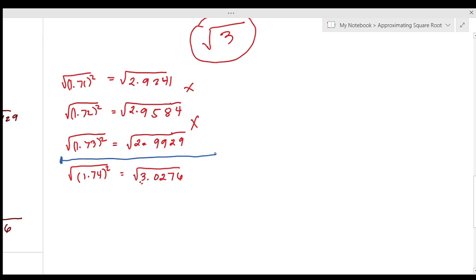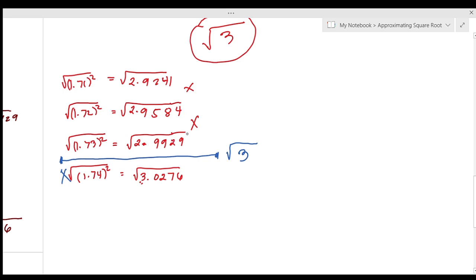Okay, sa gitna po ng 1.73 and 1.74, meaning to say, nandun po papasok si square root of 3. So, meaning to say, etong 1.74 is hindi na natin siya kukunin, at ang malapit na number sa square root of 3 or mas malapit na number is eto.